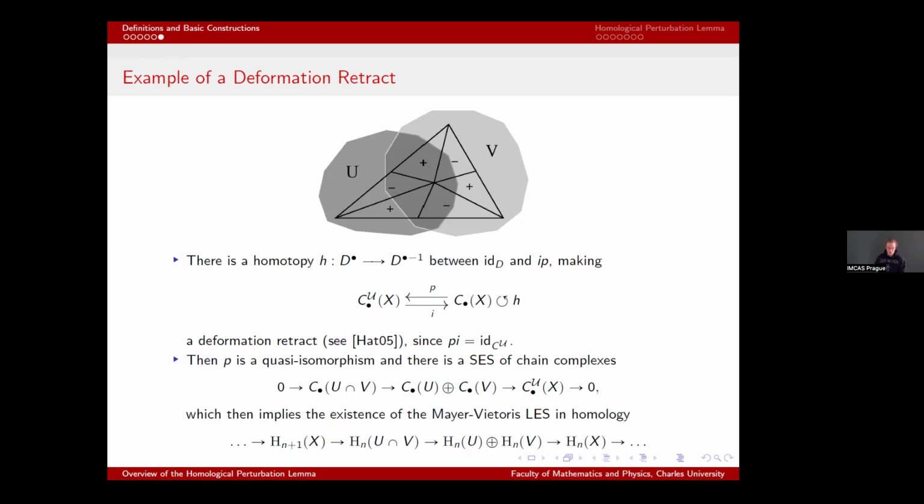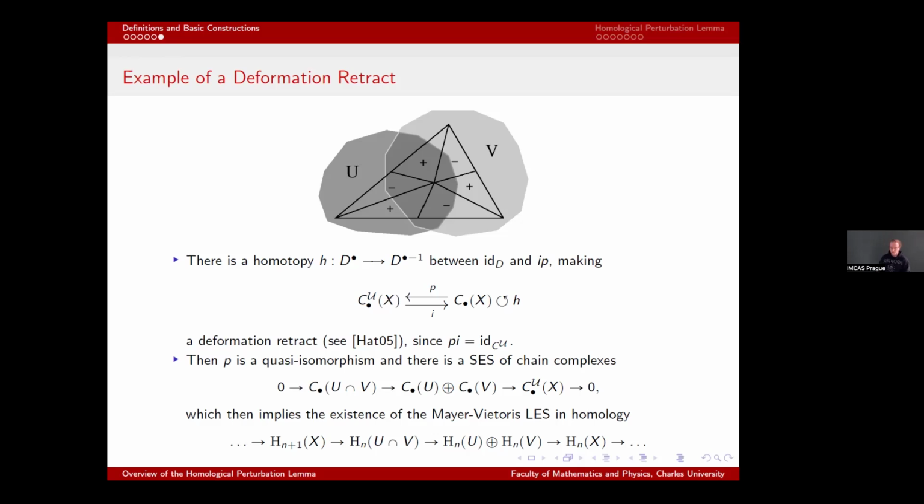So there is this short exact sequence of chain complexes: the singular chain complex of the intersection, then the direct sum of the chain complexes of the open subsets U and V. If I take a simplex sigma here, I map it to sigma plus sigma, and from there, I take the difference between the two factors.